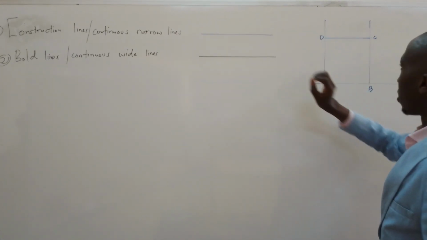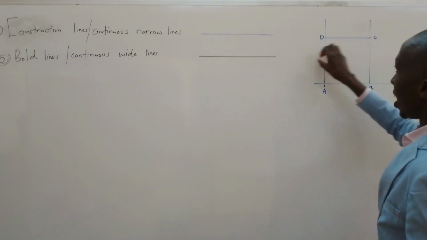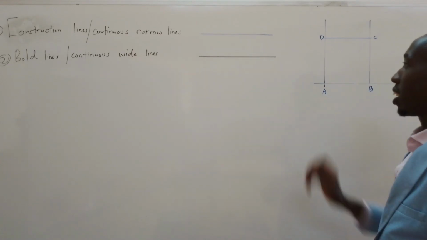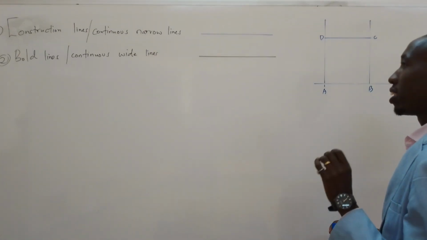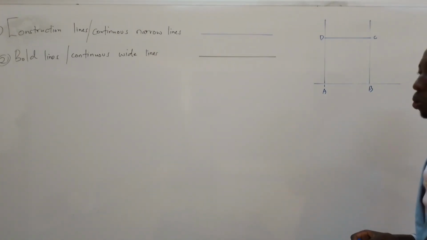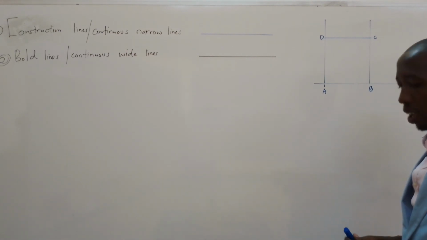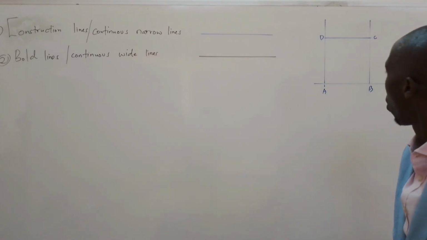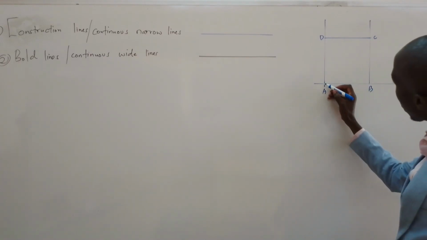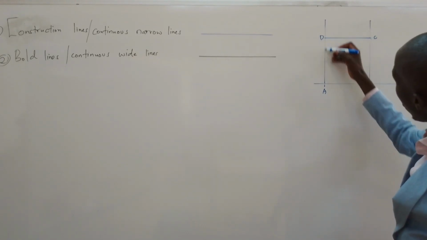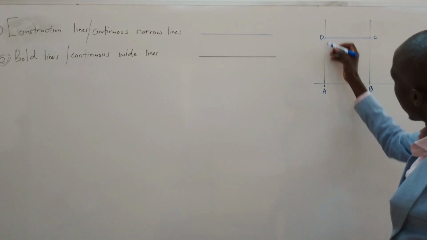Now, in this drawing, I want to clearly show you the construction line. A construction line are those lines which are outside the solution. Now, for our case, you are required to keep a square, and this is the square only. The square is from this corner A, B, C, and D, all joined by edges.